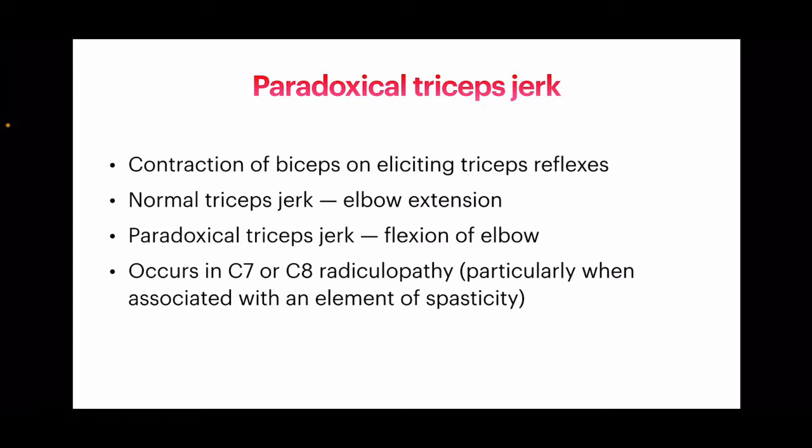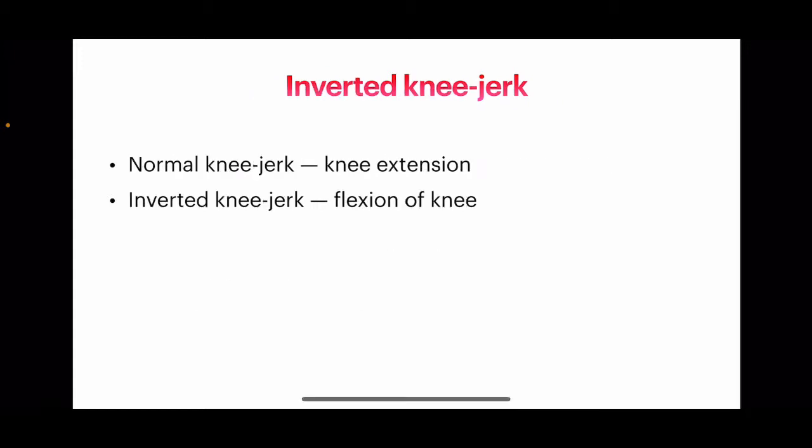That is radiculomyelopathy, a combination of both. In that setup, we tend to get this. Now inverted knee jerk. The normal knee jerk is knee extension. The exact opposite of that is the inverted knee jerk, where there is flexion of the knee. So all these are some examples for the inversion of the reflex.